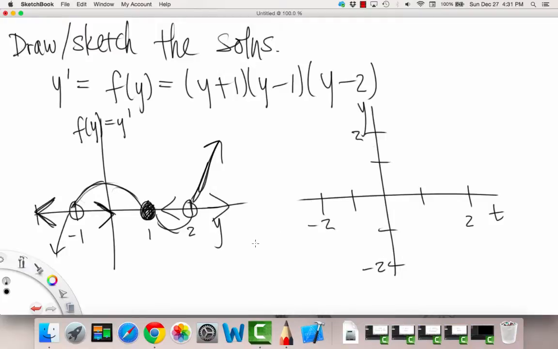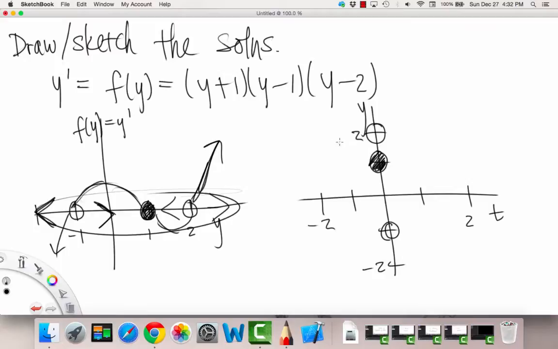The first thing we're going to do is draw open dots or open points at each of these y values: -1, 1, and 2. Make sure you do it on the y-axis. Then, corresponding to your phase line, fill in the dots that need to be filled in. In this case, we're going to fill in the 1.